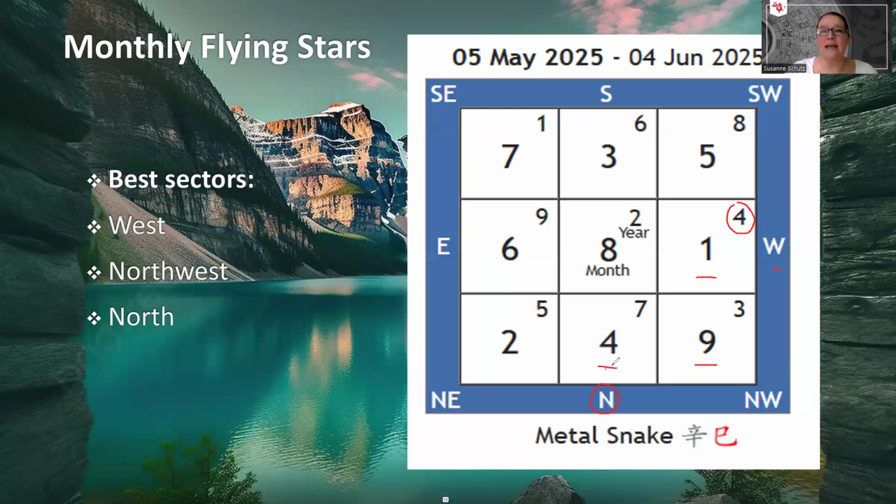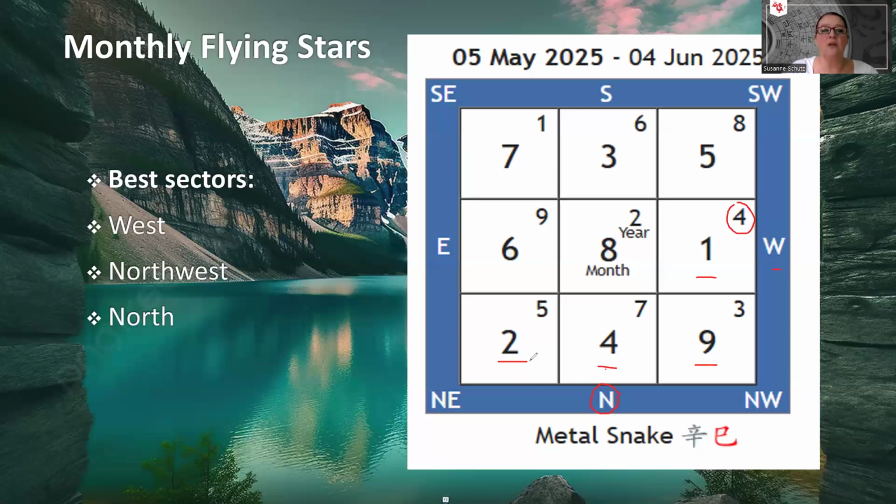Now, all the other sectors, although they are not totally negative, there are certain activities we should probably avoid. So let's start with the Northeast sector here. We've got the monthly number 2 star. Now, the number 2 star is still associated with illness, even though in period 9, where we are right now, it has an energy of asset accumulation.